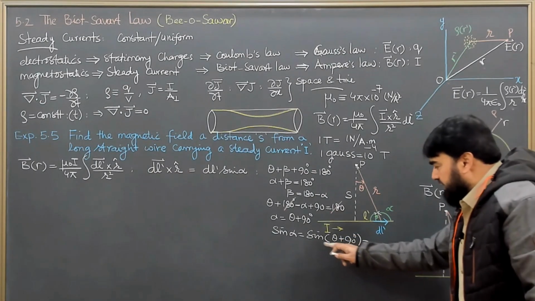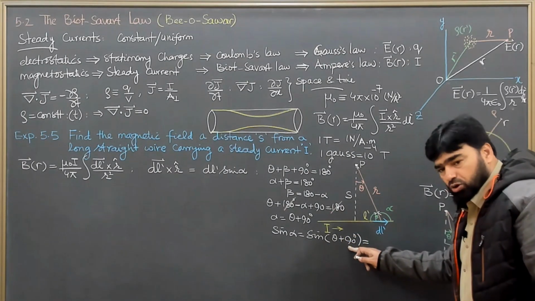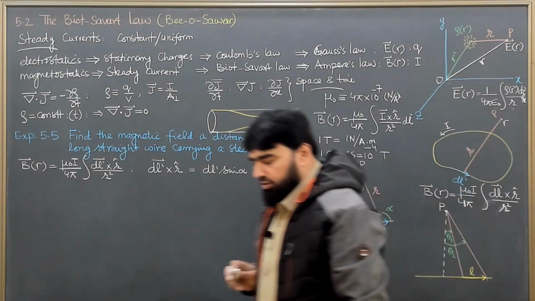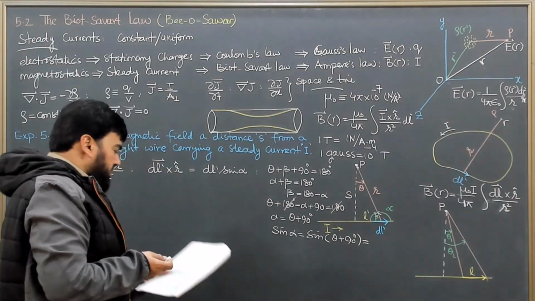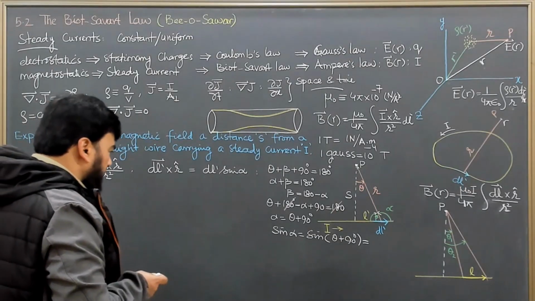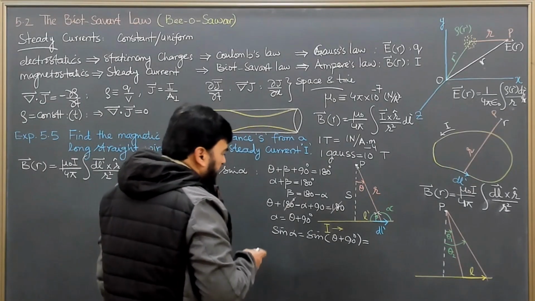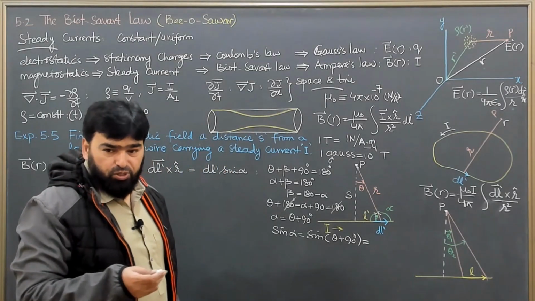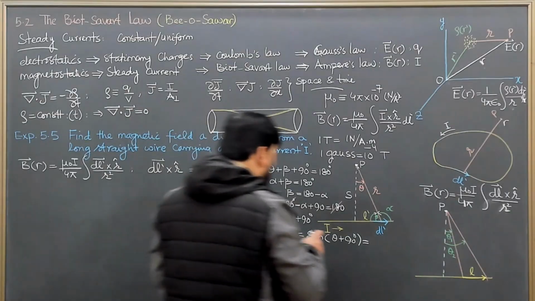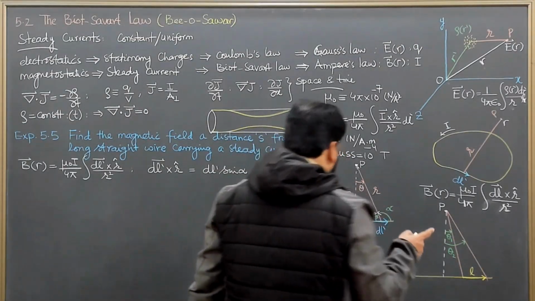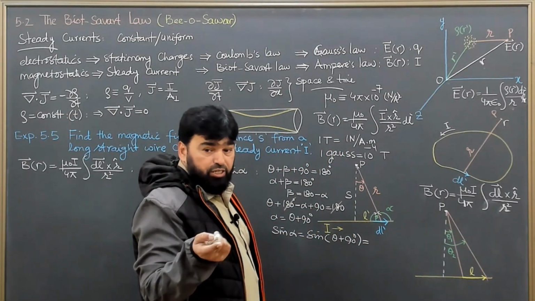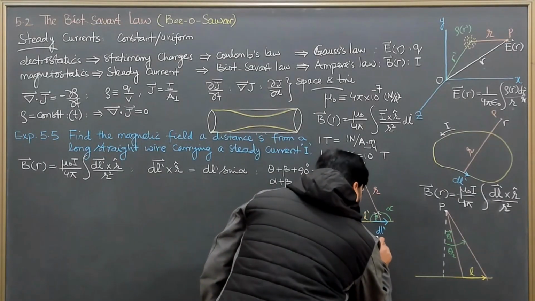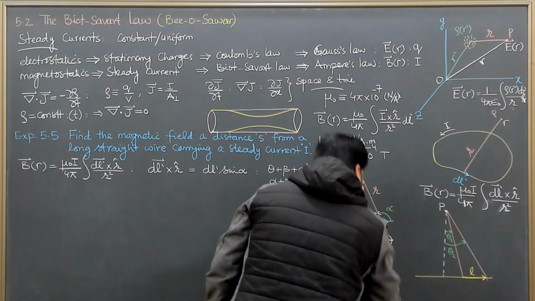Now it will be plus. So I can utilize that formula, and then I know that cos 90 will give me 0, and sine 90 will give me 1. So we have sine alpha equal to cos theta.